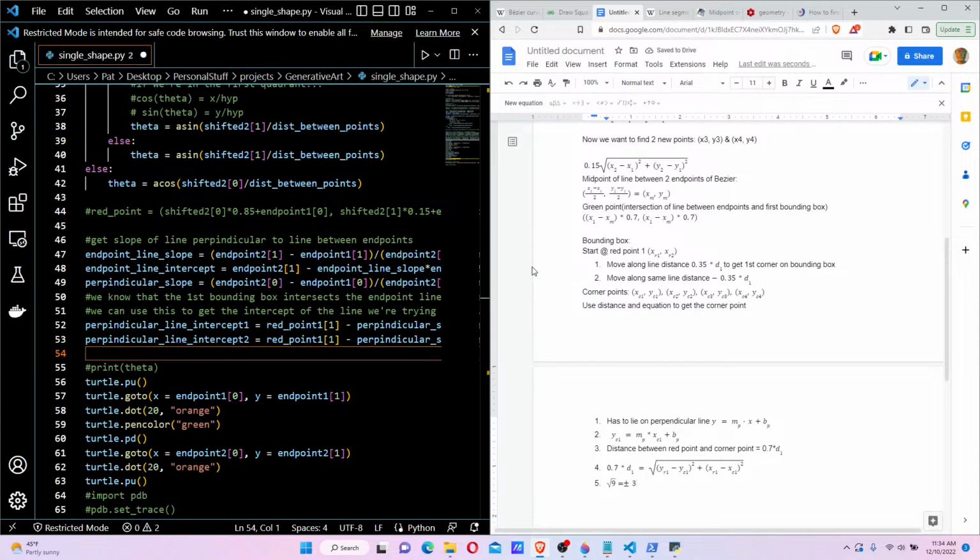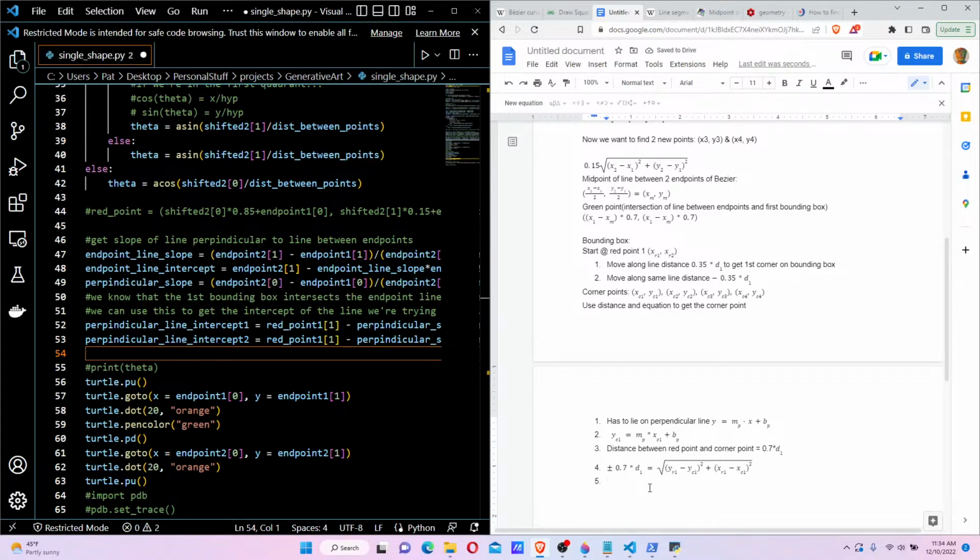So 0.7 times d1 is not simply equal to, no, that root is not simply equal to 0.7 times d1. It's equal to plus or minus 0.7 times d1. Okay.